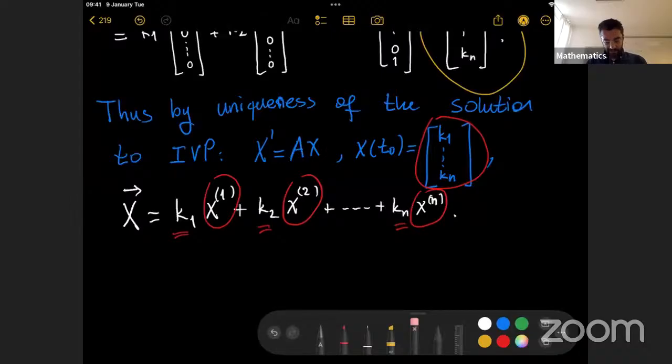Let me give an example before the break. It's not a concrete example, but it will explain a little bit what we did here.